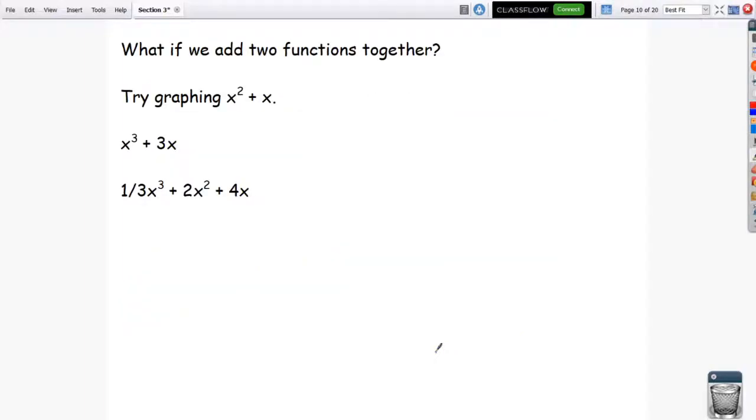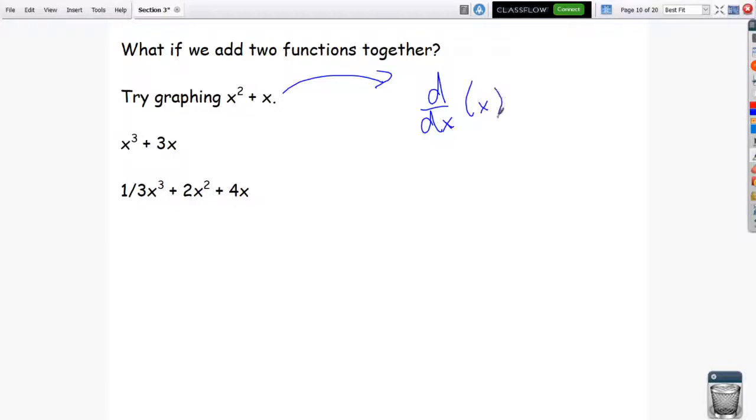What if we add functions together? I'm again going to ruin the surprise. We happen to know that the derivative of x squared is just 2x. This one's a little bit more difficult: the derivative of x. Surely we didn't talk about the derivative of any linear function.